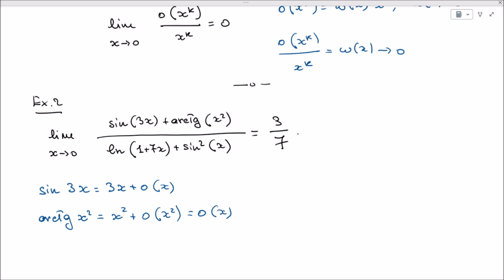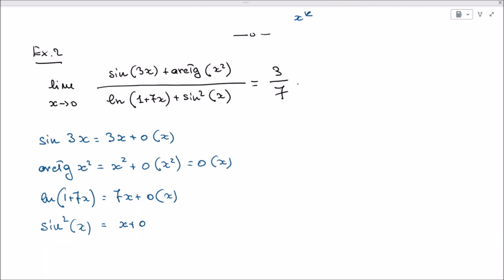Now this, we know that sine of x is x plus little o of x, so we need to take the square of this. But the square of this is x squared plus 2 times x times little o of x plus o of x, all this to the square.